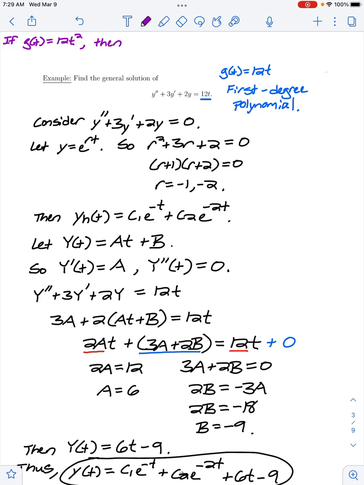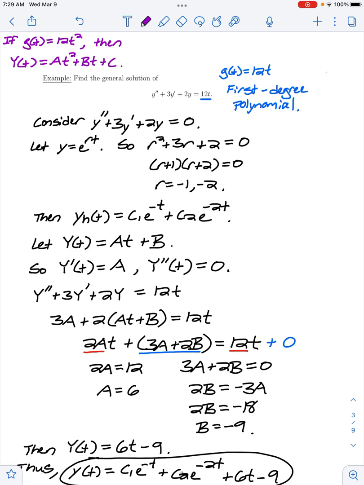And so we would consider a particular solution, capital Y, of the same general form. So a general quadratic would be something of the form at squared plus bt plus c, where we would have to solve for a, b, and c in the same way that we solved for a and b in this example.